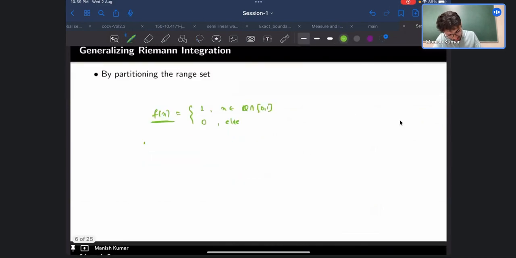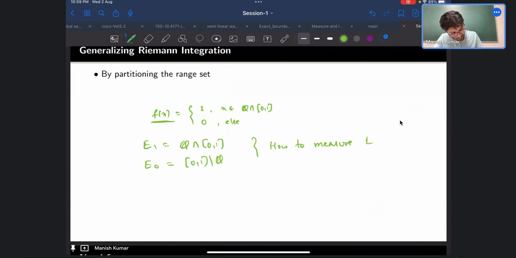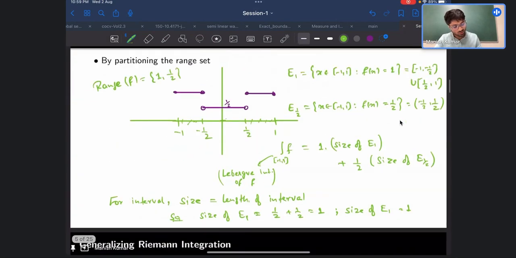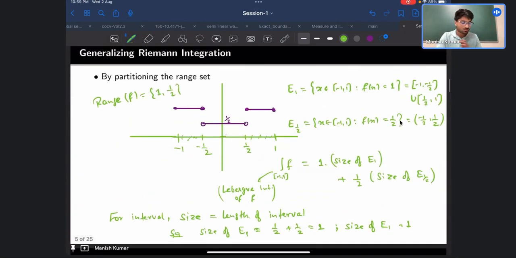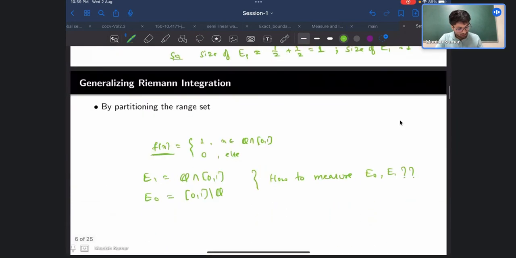Now here E1 is nothing but Q intersection 0 1 and E0, these are the only two values that the function is taking, is 0 1 minus Q. Now how to measure this? Since this was an interval, we knew some notion of measure, size, that is the length, but how do we measure this one?